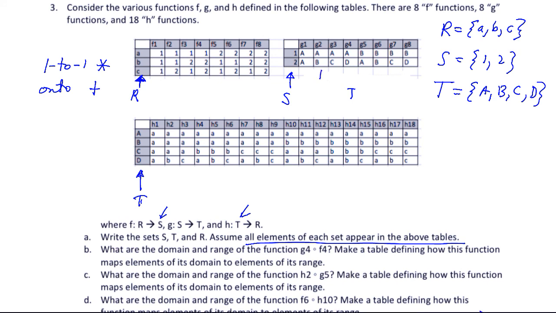So star, star, star, star, star, and star. I have no repeats there. Do I have repeats here? Yes. Okay, so now I'm looking here. Repeats, yes, yes, yes, yes. Since the range is smaller than the domain, I've always got repeats in the H's. And since the domain is smaller in the F's, I always have repeats as well. So those are the only ones that are one-to-one.